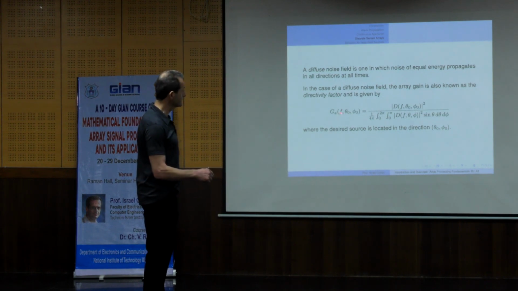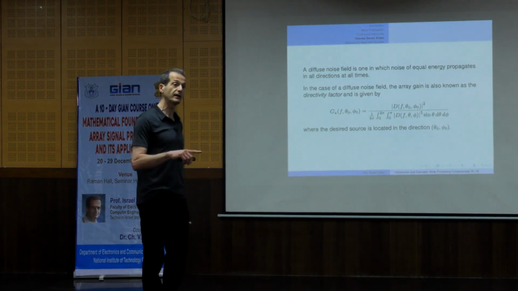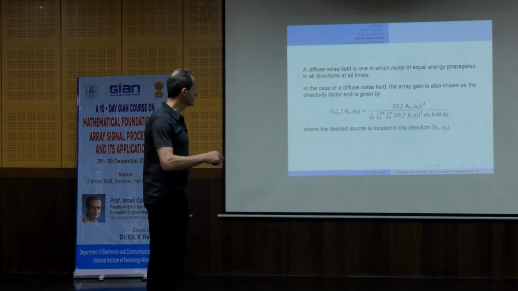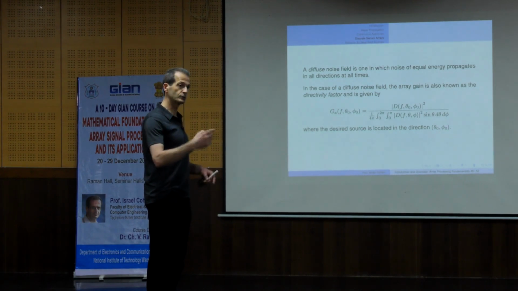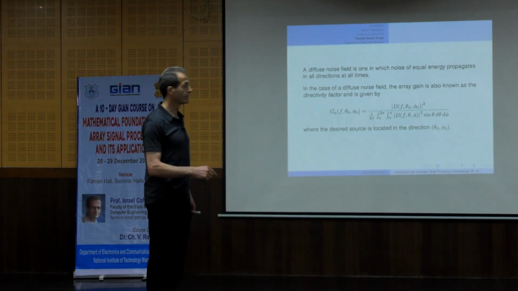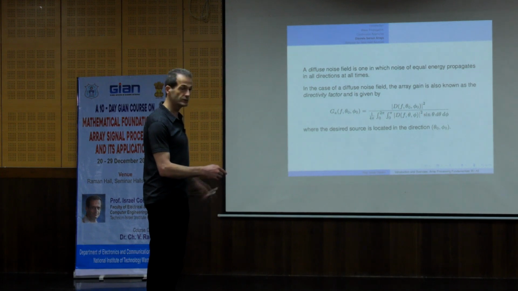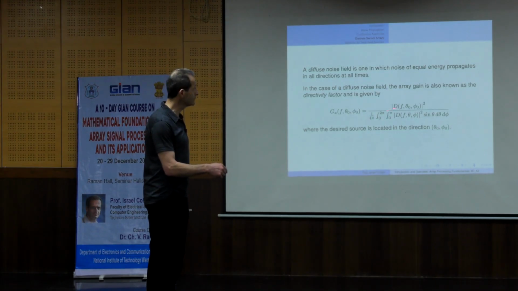So that's why here it doesn't depend on R. But I agree with you that if we compute the array gain, or here, directivity factor, for a near field source, it will depend also on R, the distance of the source from the array. But we need to change the directivity like we used for the near field only here in the numerator. In the denominator, it will be the same expression.